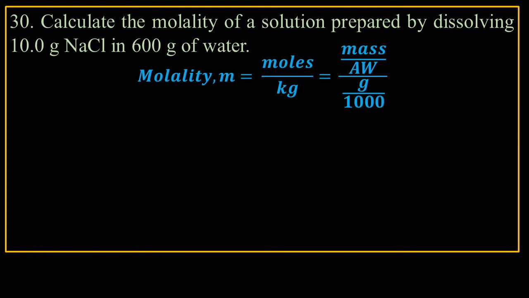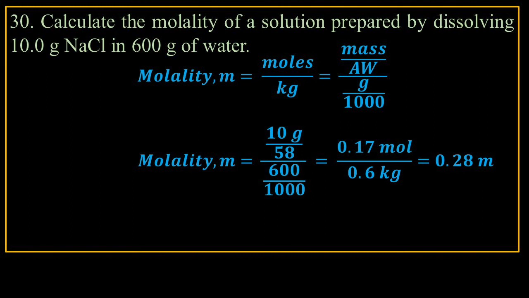You're going to plug in 600 for the grams, and 10 grams for the mass of sodium chloride, and then 58 for the atomic weight of sodium chloride, and then it would be 600 over 1,000, or 0.6 kilograms, and that's going to equal 0.28 molal.